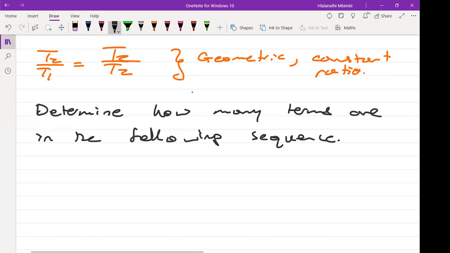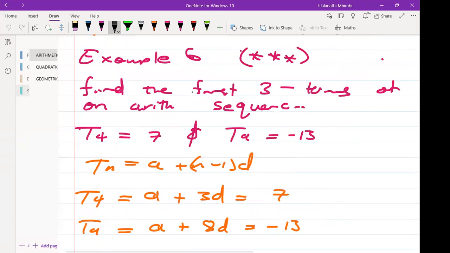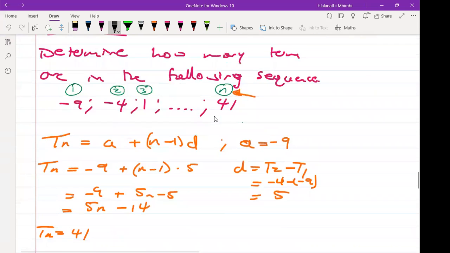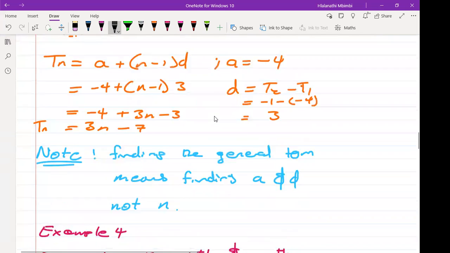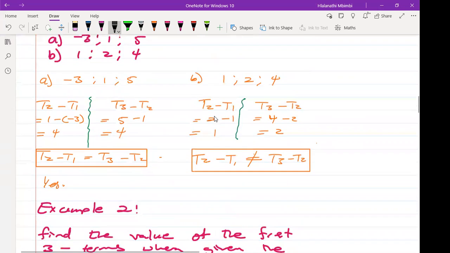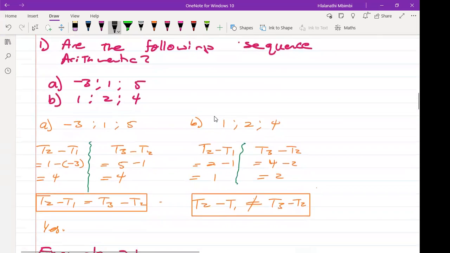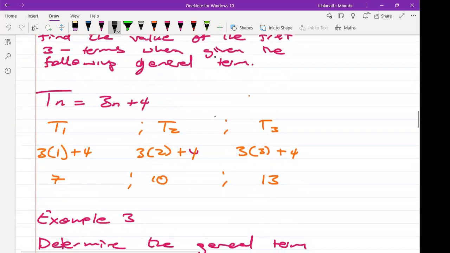I just want to go back and show you something, just for you guys to benefit from this. Previously for arithmetic, I had this question where I said, are the following sequence arithmetic, which is what I just did now. The second problem was find the value of the first 3 terms when given the following general term.